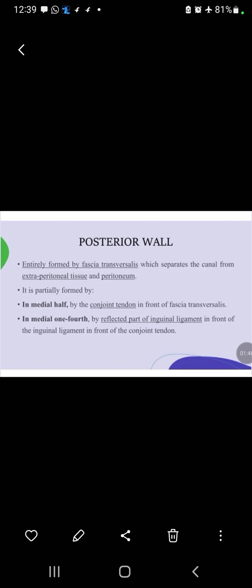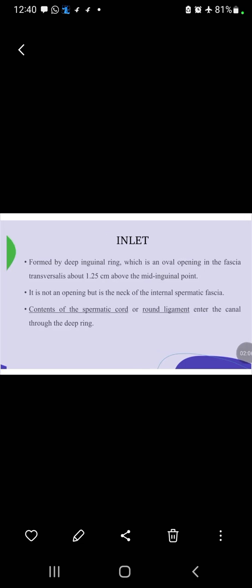Floor: formed by the upper surface of the inguinal ligament, the posterior margin of which fuses with the fascia transversalis. Medially, the floor is formed by the upper surface of the lacunar ligament.